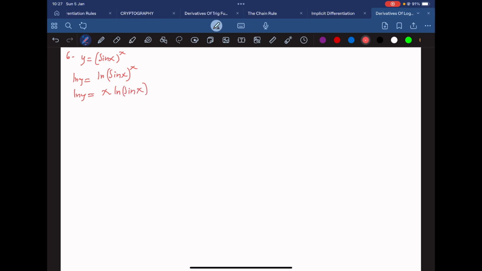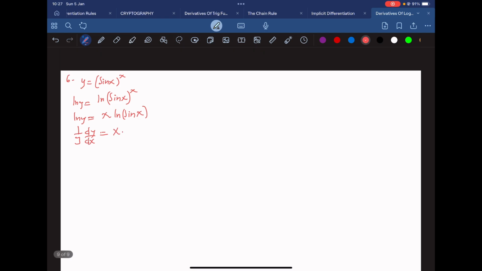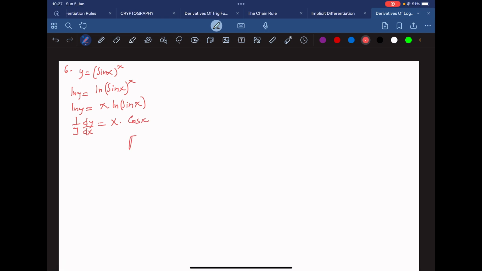So if you differentiate the left hand side, you have 1 over y dy/dx. If we differentiate the right hand side, this is product rule. We have two functions, right? So hold the first one in place, which is just x, differentiate the other term. Now if we are differentiating ln of sine x, remember, you differentiate what is inside the parentheses, you get cosine of x.